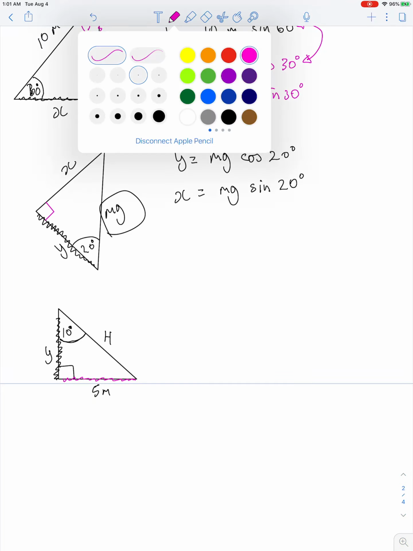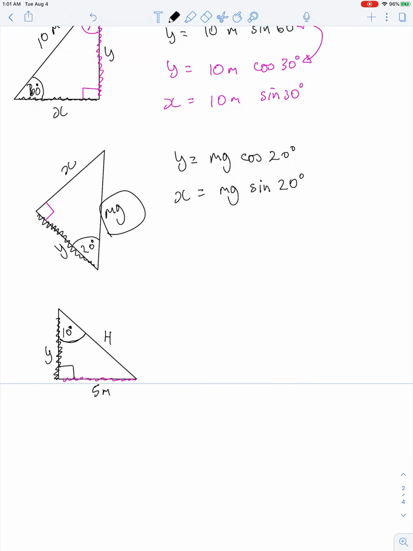I could use my tan in this case because I don't have the hypotenuse. So I could say the tan of the angle, 10, is equal to the opposite side, which is 5 meters, over my adjacent side, which is Y. Therefore, my adjacent side should be equal to my opposite side divided by tan of the angle.